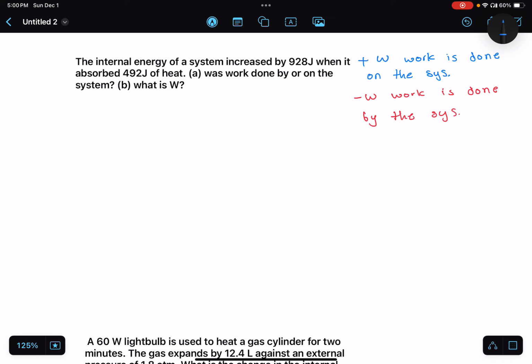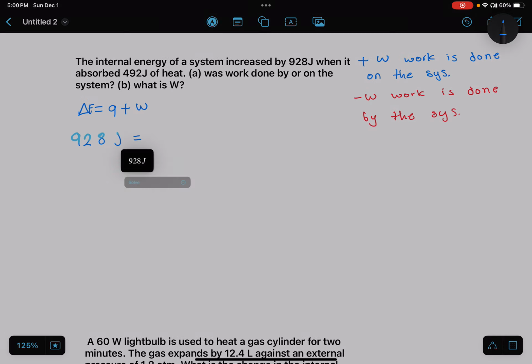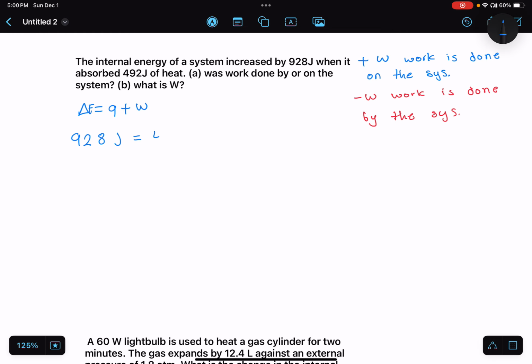So the formula that we're going to be using is delta E equals Q plus W. They already give us delta E, which is 928 joules. They also give us the heat, 492 joules. But we don't know the W.